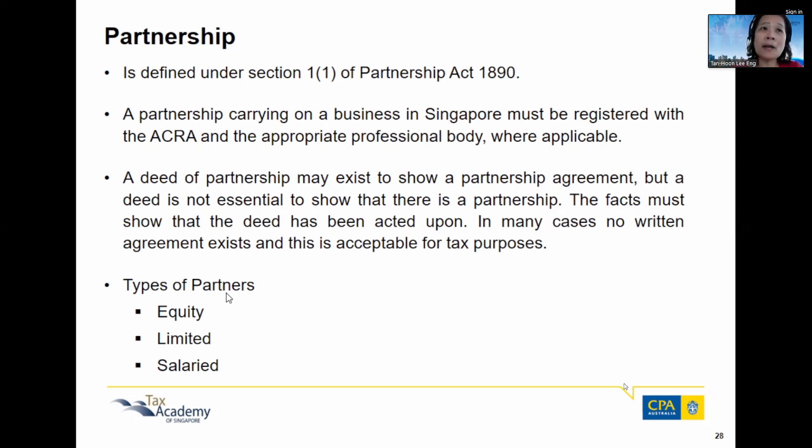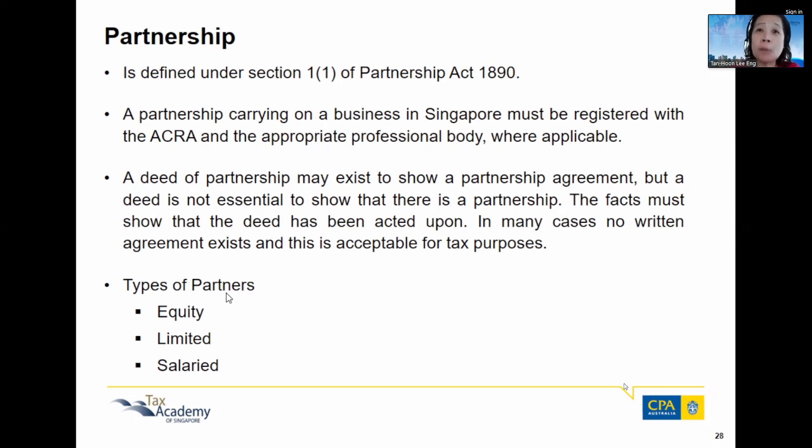Whereas limited partners are different. Limited means to say that they are not liable for partnership debts that is beyond what they have contributed as capital. That's why they are limited. And for these limited partners, later on in the slides, we will have to look at the losses from the partnership.